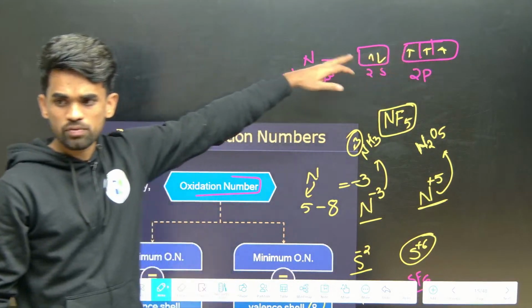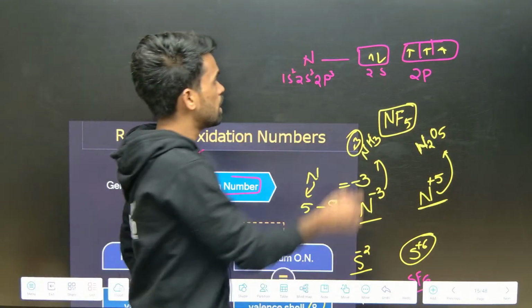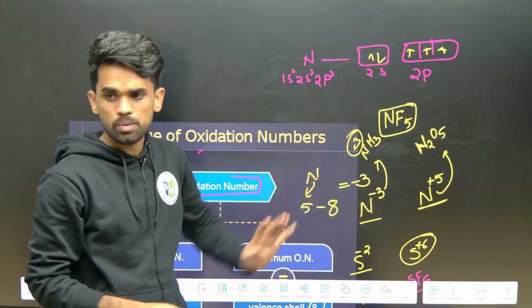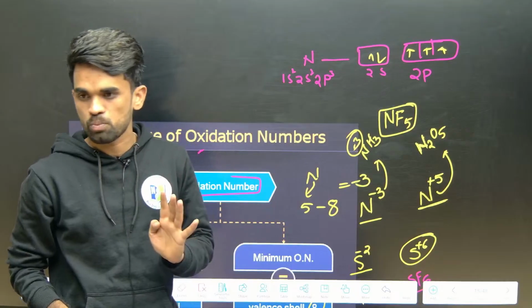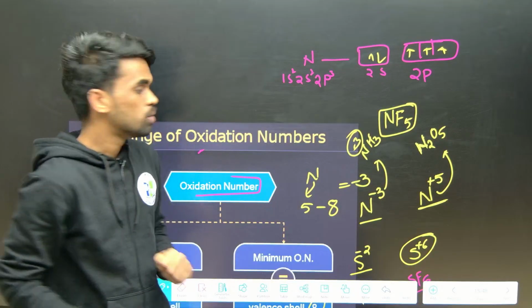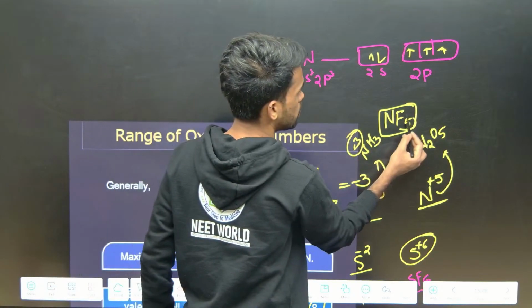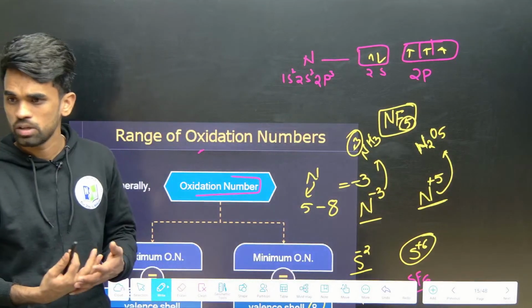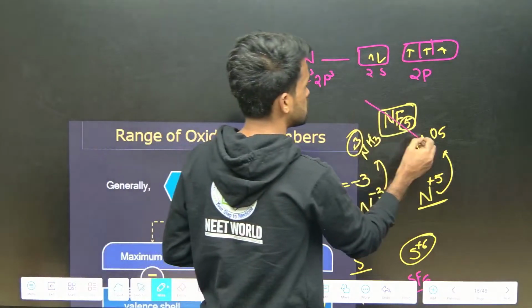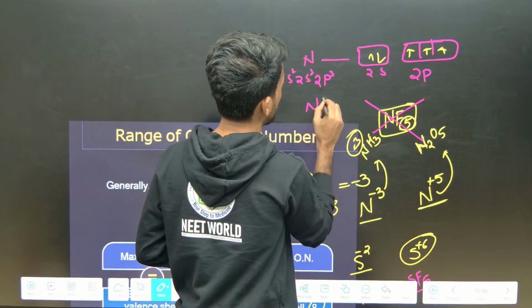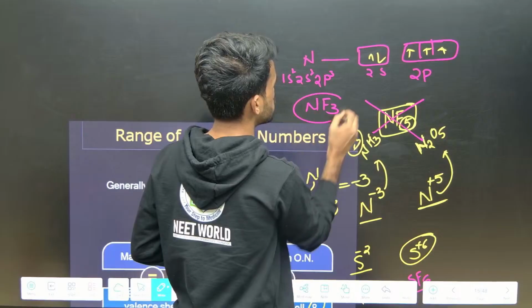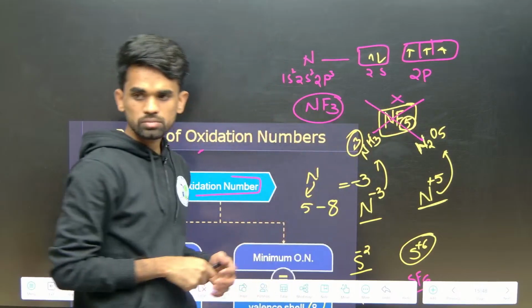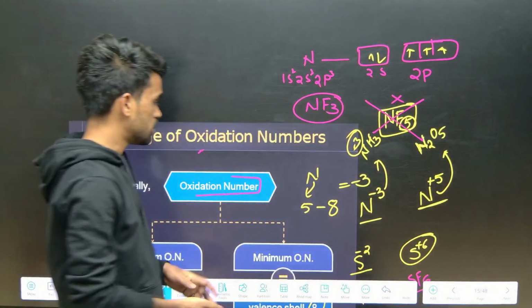Valency orbitals are 4. It means an atom containing 4 valency orbitals can make a maximum of only 4 bonds. But here how many fluorines are there? 5. So that 5th bond cannot be made with fluorine. So NF5 cannot exist. Only NF3 can exist. NF3 is possible but not NF5. This is the reason.